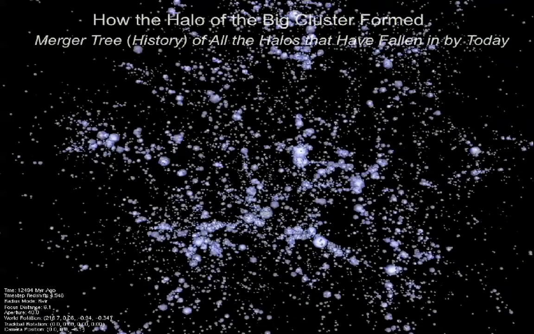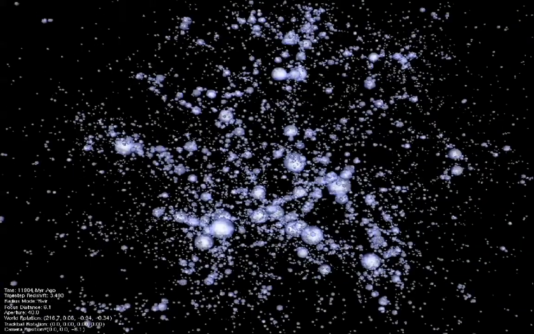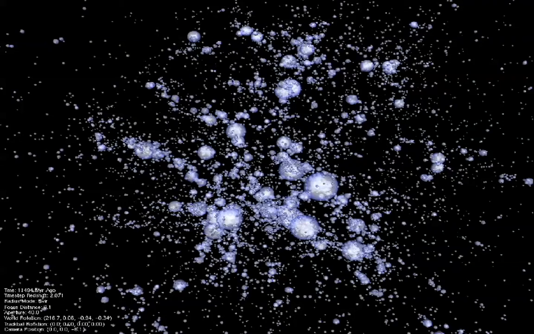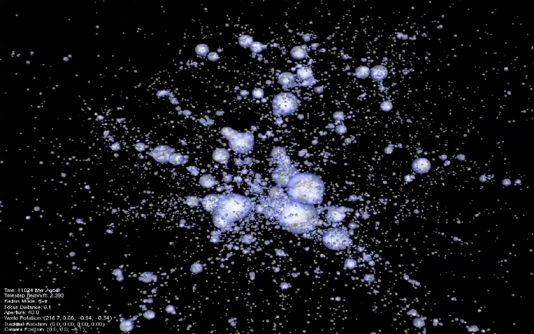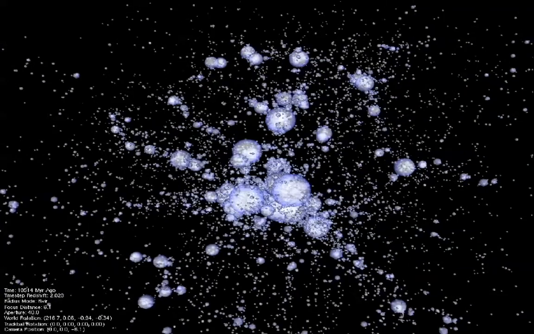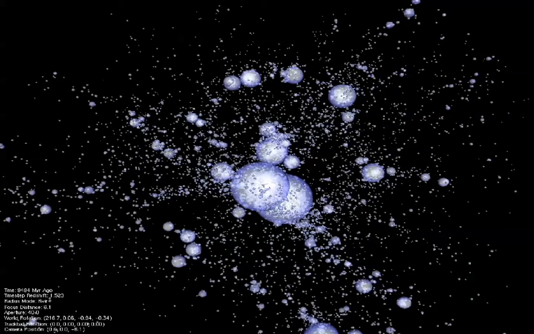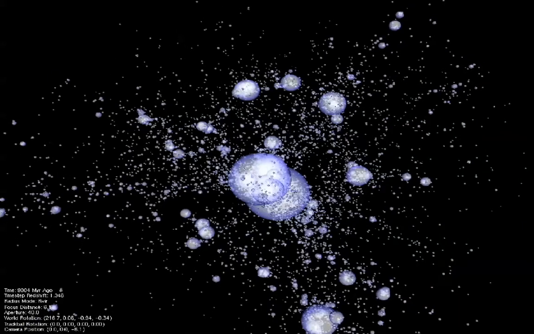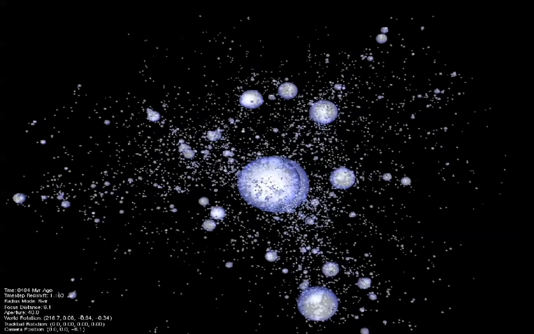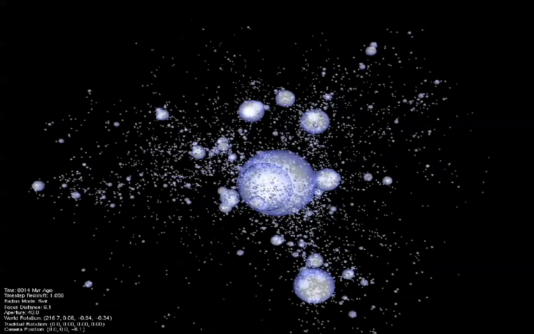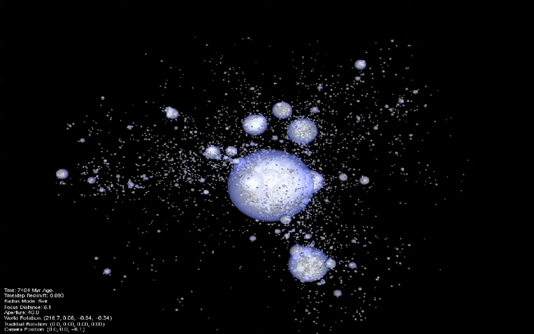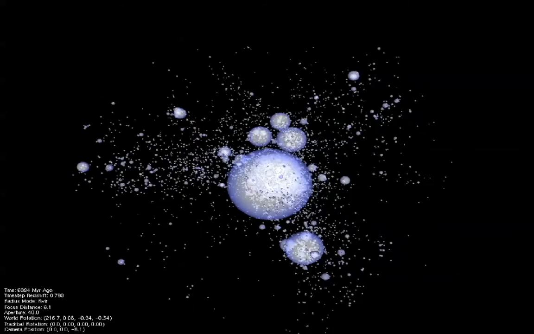So this is every halo that ends up in that single big halo that I pointed at, the big cluster size halo. This is using Rockstar, Peter Behroozi's beautiful code. And this is a nice visualization also due to Peter. And these merger trees then allow us to construct galaxies, including all their environmental information.